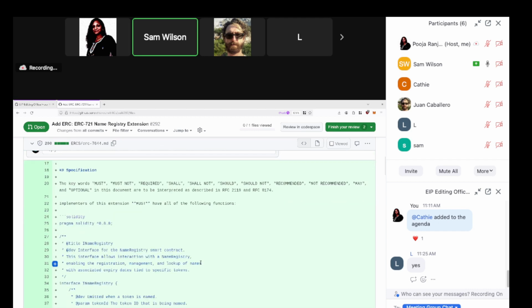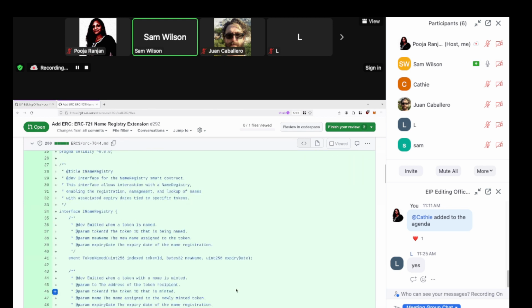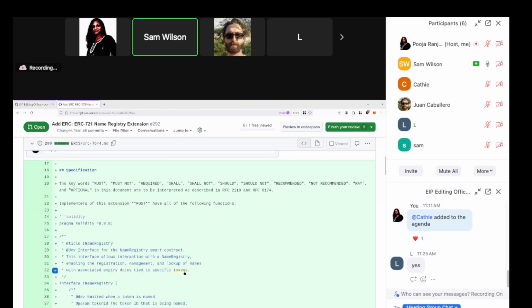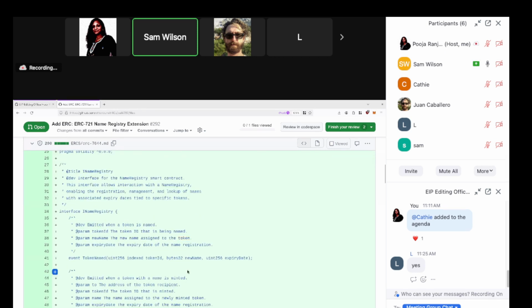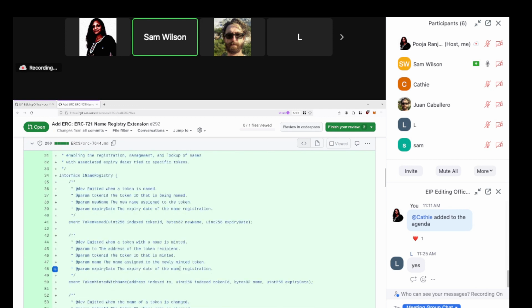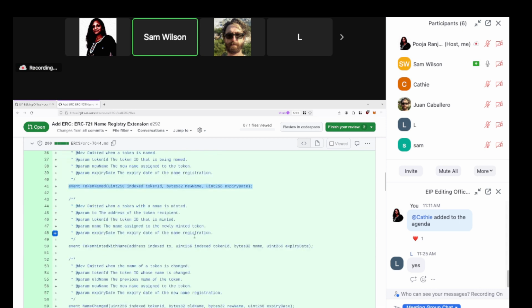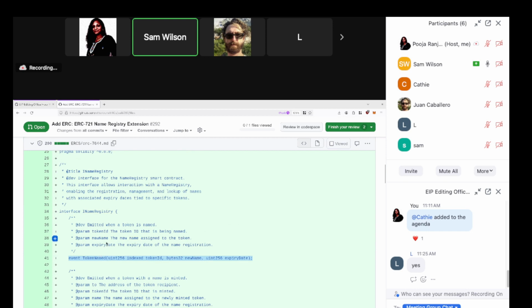Name registry smart contract. This one at the name registry. Name specific tokens, and the token is named. Okay, so it looks like based on just this that it's limited to a specific token contract. Token minted with name. Right, so is this meant to be attached to?